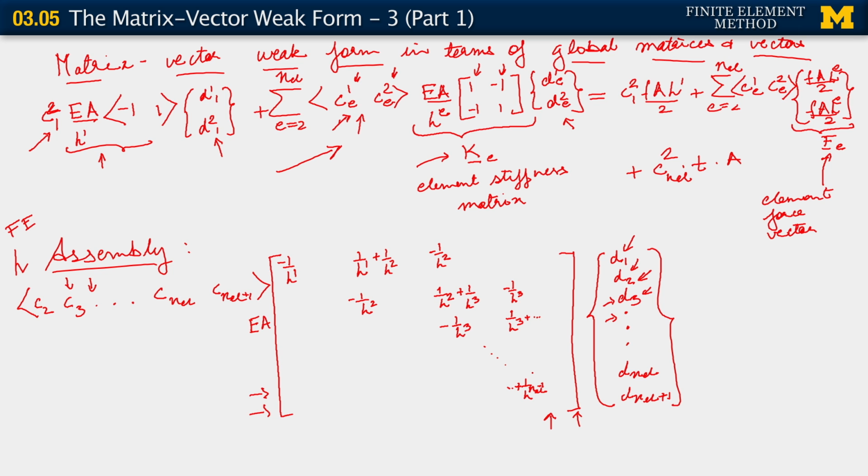The very last element will contribute a term here which will be plus 1 over H NEL. I need a little more room, and I think I can get just a little more room by moving this over a little.